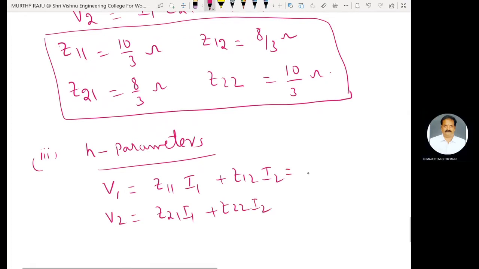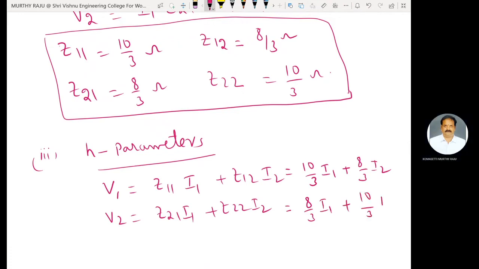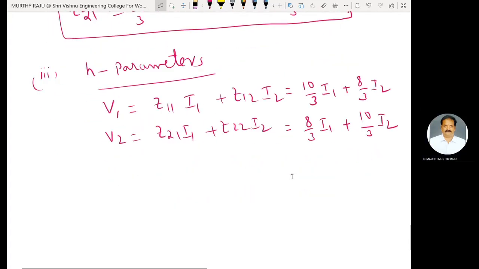Here Z11 is 10 by 3, Z12 is 8 by 3, Z21 is 8 by 3, and Z22 is 10 by 3. These are the two equations. This one is equation 1, equation 2.